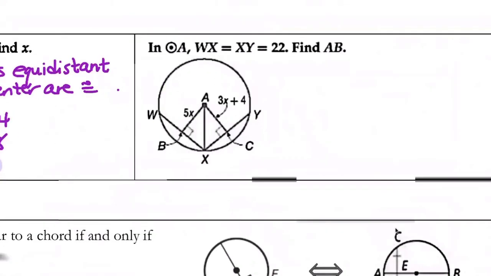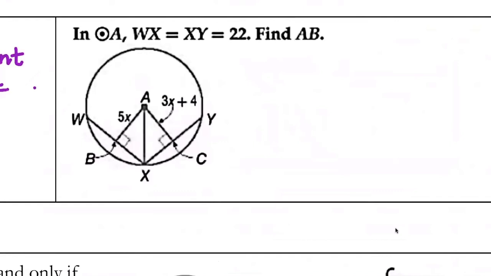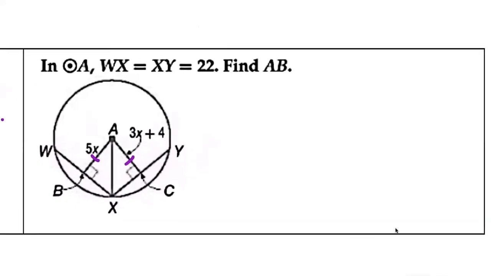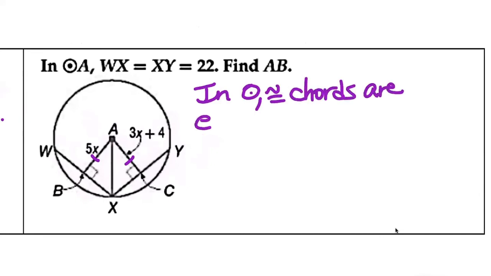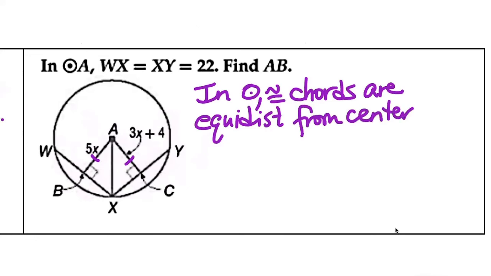Okay, next problem. In circle A, segment WX and segment XY are both 22. Those are chords, right? Those two segments are both 22. That means that these little segments will also be congruent. So in a circle, congruent chords are equidistant from the center of the circle.